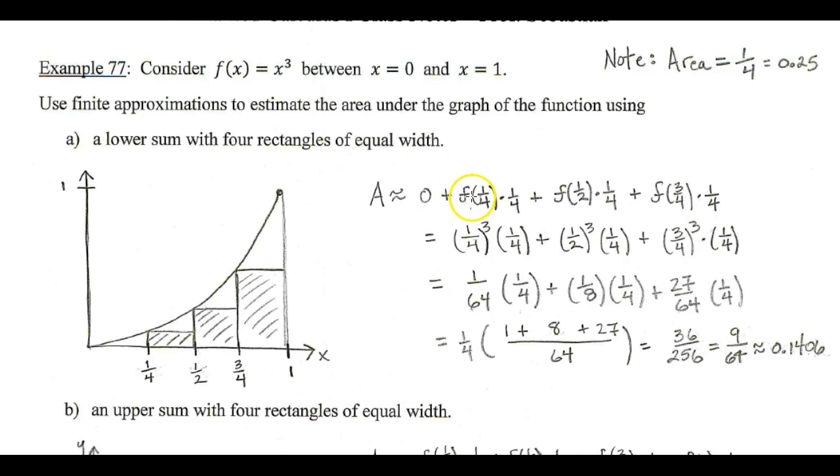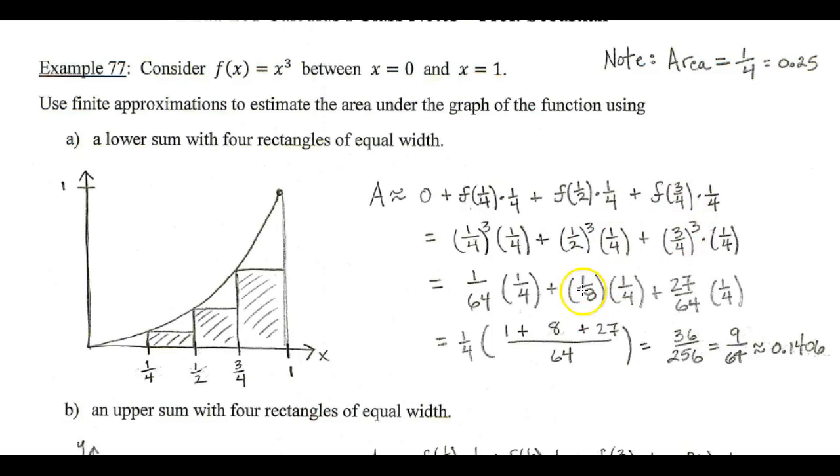And the second rectangle is height times base, f of 1/4 times 1/4. Third rectangle is height times base, f of 1/2 times 1/2. And the fourth rectangle is height times base, f of 3/4 times 1/4. So you have to work all this out. Now f of x is x cubed, so f of 1/4 is 1/4 cubed, which is 1/64. f of 1/2 is 1/2 cubed, and f of 3/4 is 3/4 cubed.